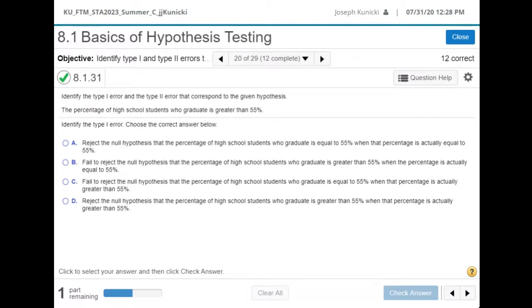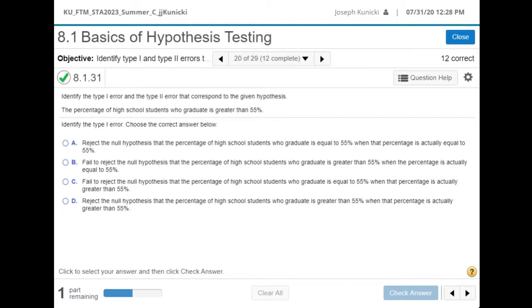You don't want to reject a null if there's no evidence to do so. So in this case, it says the percentage of students who graduate is greater than 55%. So that's the claim. So it's greater than, so it's in the alternate hypothesis. So the null hypothesis is that it's less than or equal. And in this book it just says equal. So a type 1 error would be to reject that when it's true.